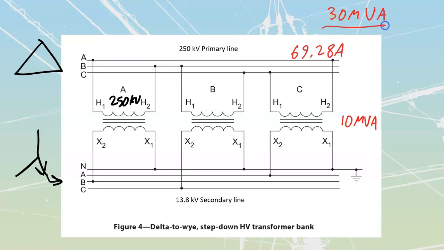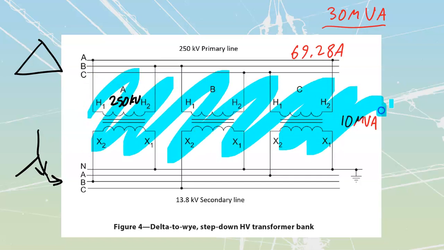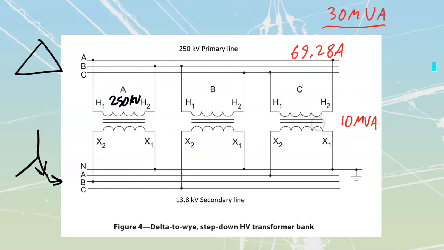And that's because 30 MVA is 30 MVA. If we're only looking at it from the line side, if I were to ignore everything that was inside of one of these transformers, we're always going to see, when we've got this 30 MVA and 250,000, that we're going to end up at that 69.28. Okay, so that's going to be my high side line current.